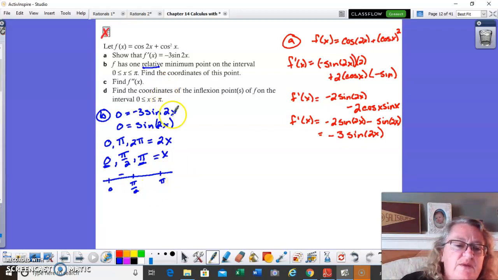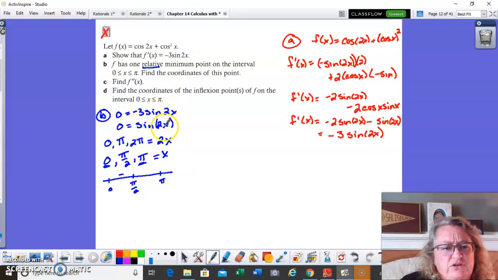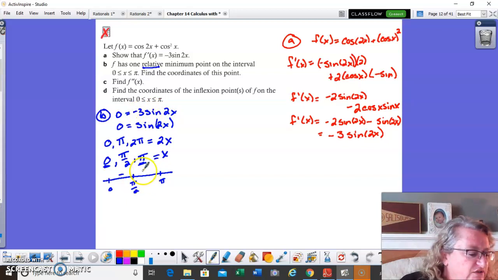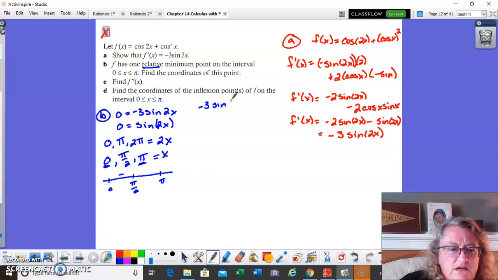So 3 pi over 4 times 2 is 6 pi over 4, which is 3 pi over 2.